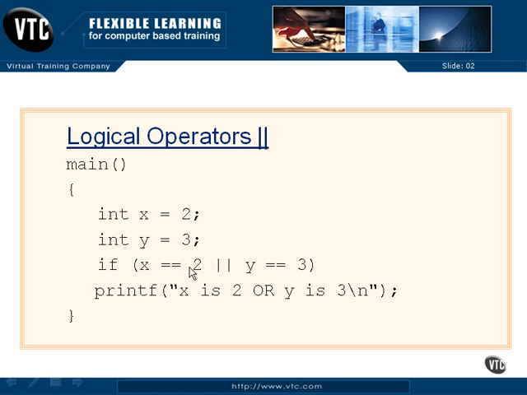And whether it is or not, we know because this is an or, we still need to look over here and see if this side is in fact true or valid. And if they are both true, then we will get our printf down here, x is 2 or y is 3. Either one. If either one, I want to make sure I said that right. If either one of these is true, this is an or, this or that is true, then we will satisfy the test and we will come down here. X is 2 or y is 3.